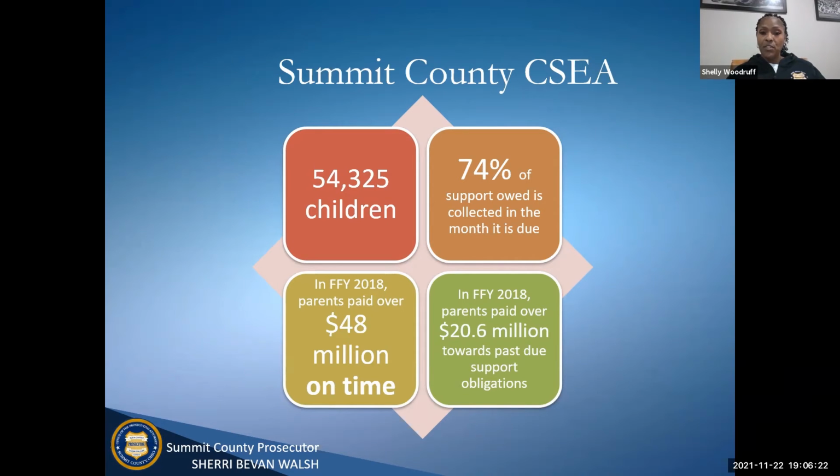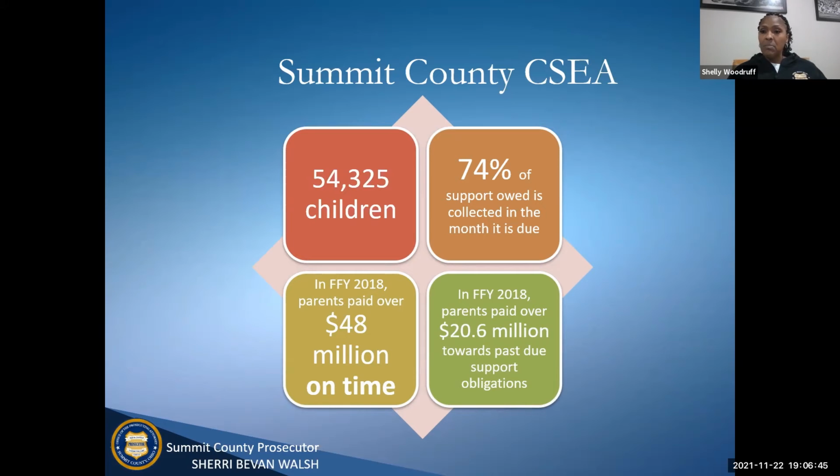In the federal fiscal year 2018, parents paid over $48 million on time. We thought those were important facts. And in the federal fiscal year of 2018, parents paid over $20.6 million towards past due child support obligations.